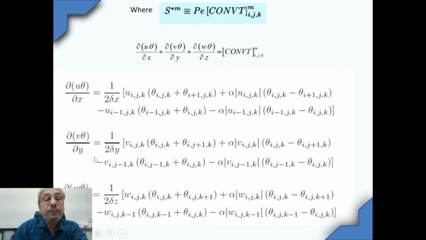These are the expressions for the discretized terms. Once we know all this, we know the discretized convective terms at point ijk at a level m, and if we multiply it with the Peclet number, we will get S star m.